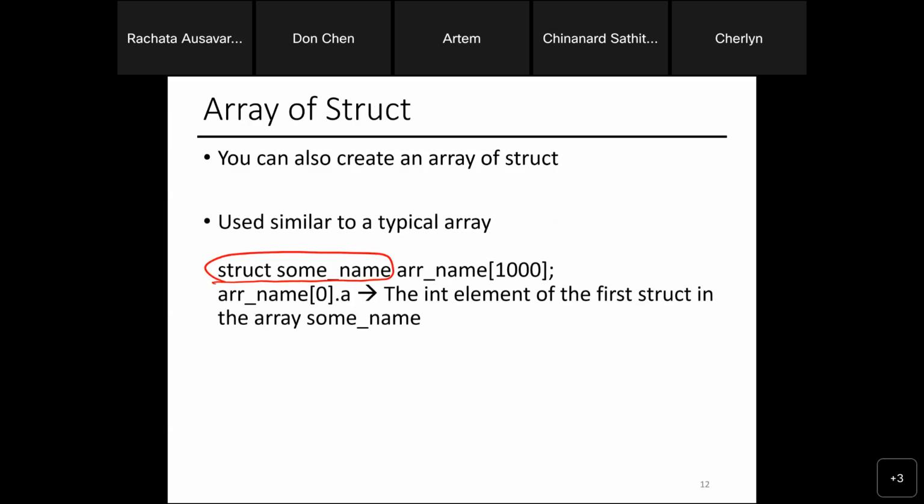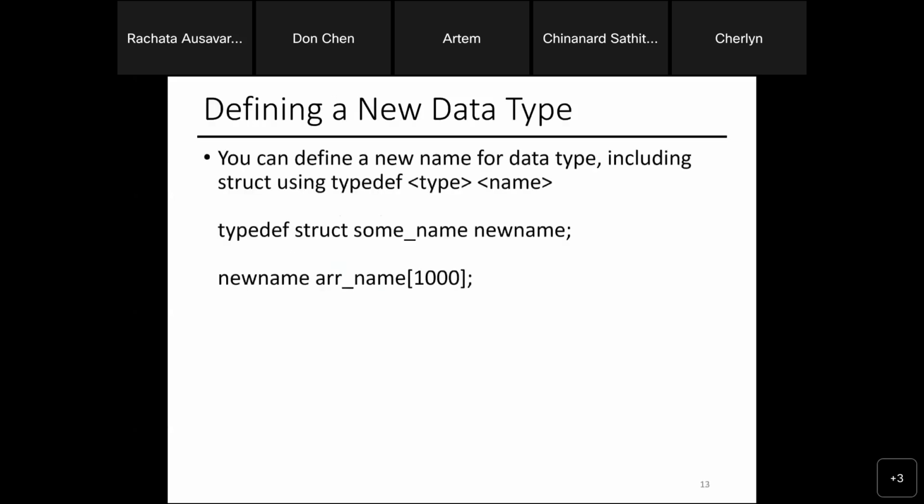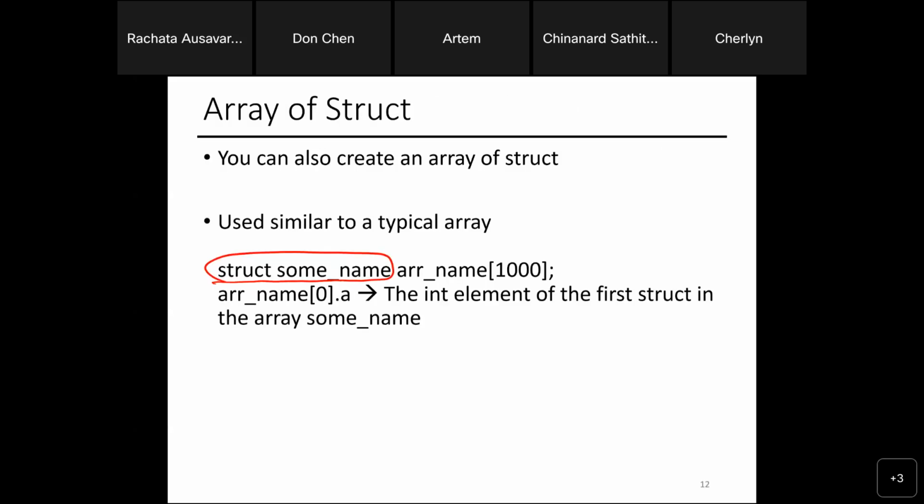Then I can refer to arr underscore name 0 dot a, which means I want to get the integer element of the first item, and I can keep doing this. In the array, each struct will be one item. So basically, one item has one integer, one floating point.